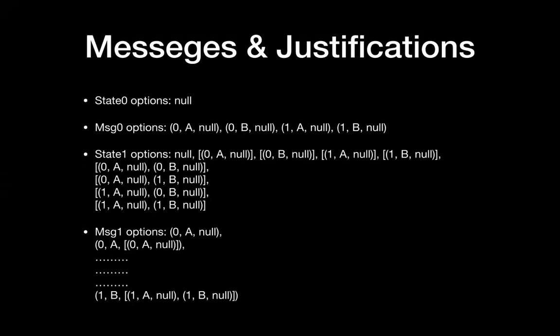So here, let's see some examples. What is a state? We're gonna start with no state, so we have the empty set, which I noted as null. Then your first message options, if you have two validators in a binary consensus protocol, are either validator A sends a 0 and the justification is null, or B sends 0, or A can send 1 and B can send 1.